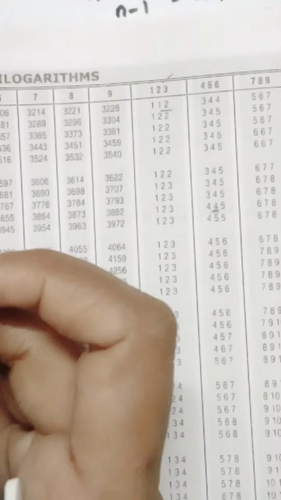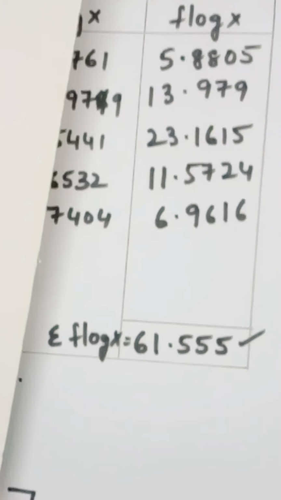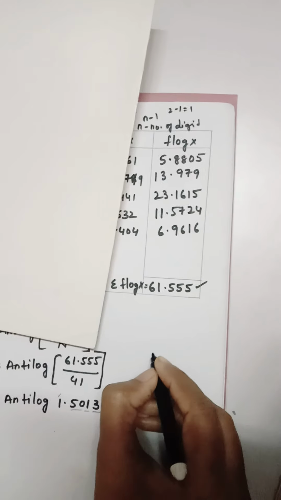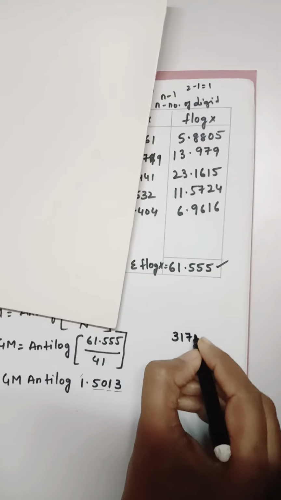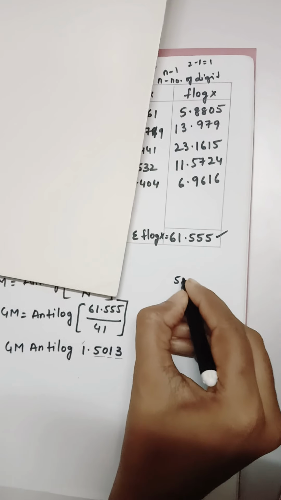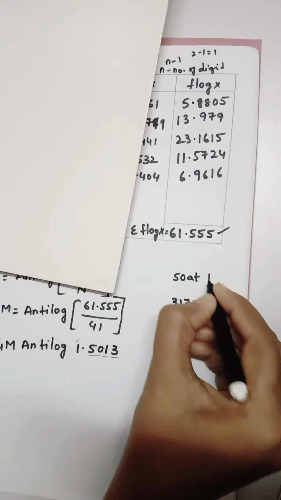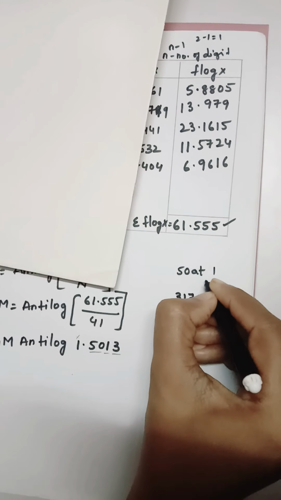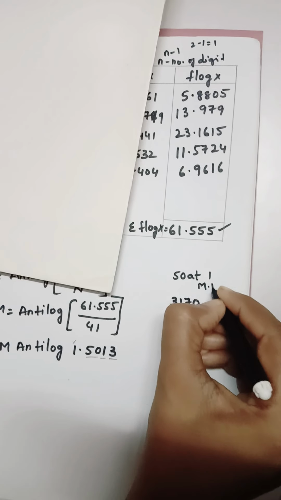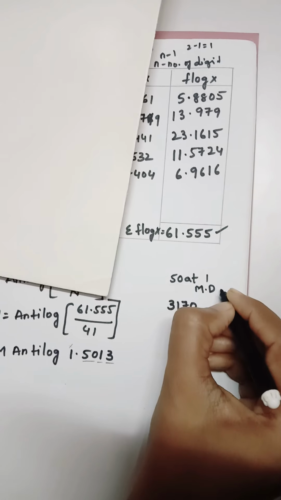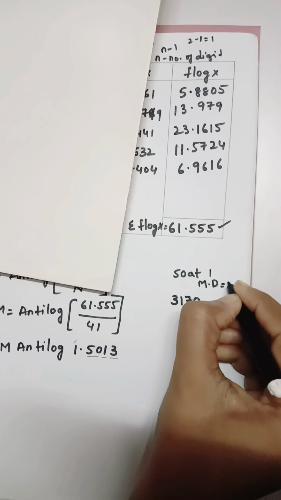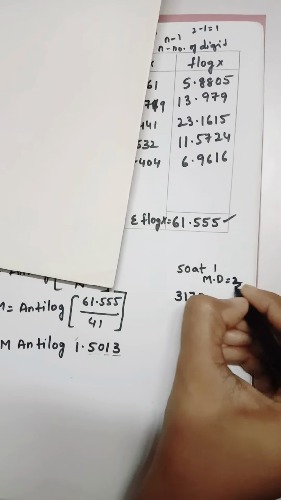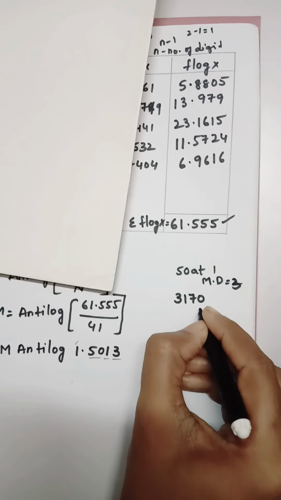So we need to add these two values. 3170 is the value at 50 at 1, and the mean difference at 3 is 2.